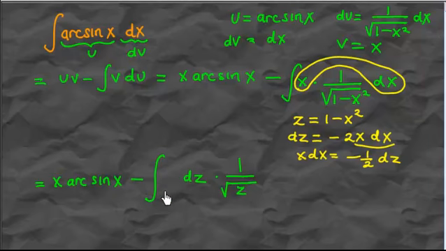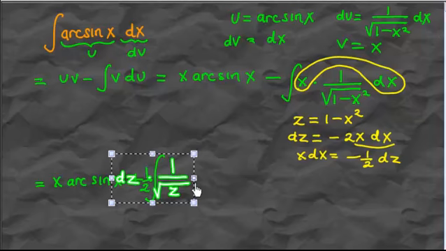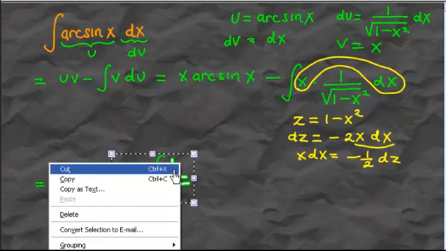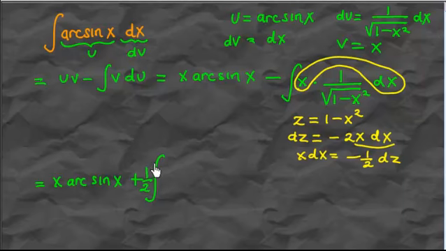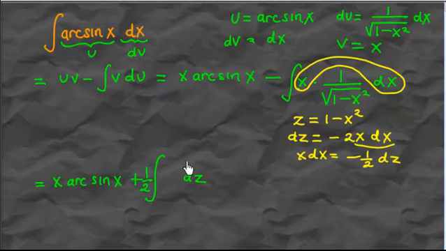Then write this first and then 1 over square root of z dz.